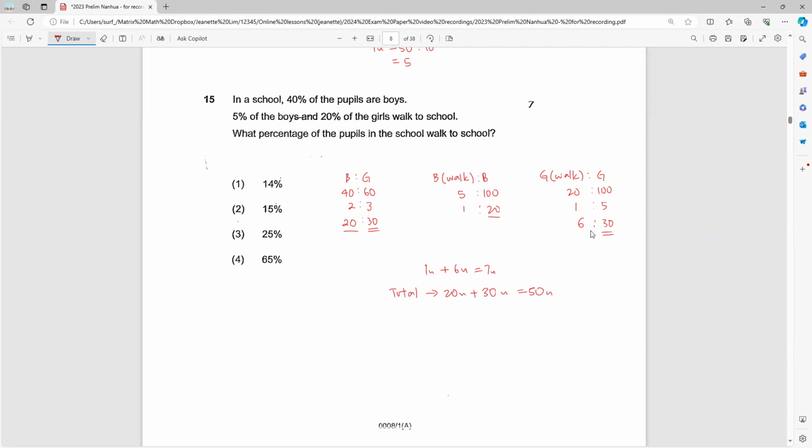So if you want to find the percentage, you have to form the fraction, 7 out of 50. Then to change to percentage, multiply by 100%. Then simplify, so you get 14%. Answer is 14%.